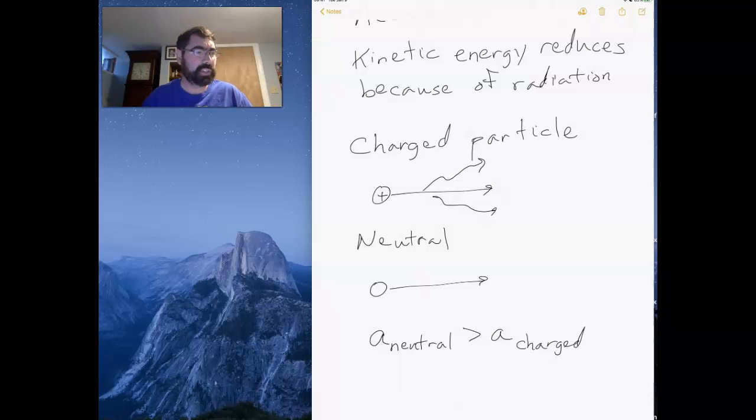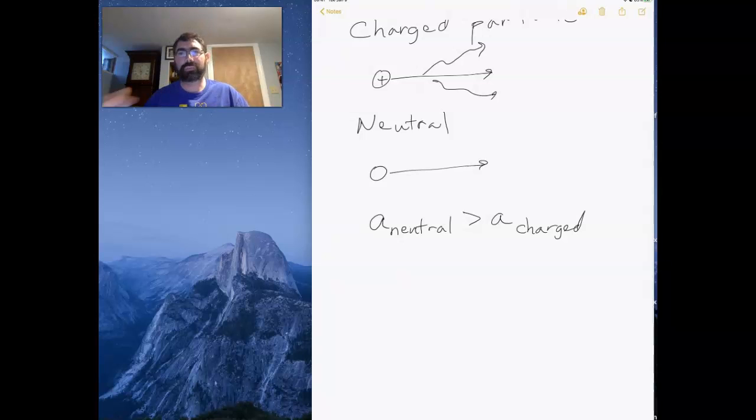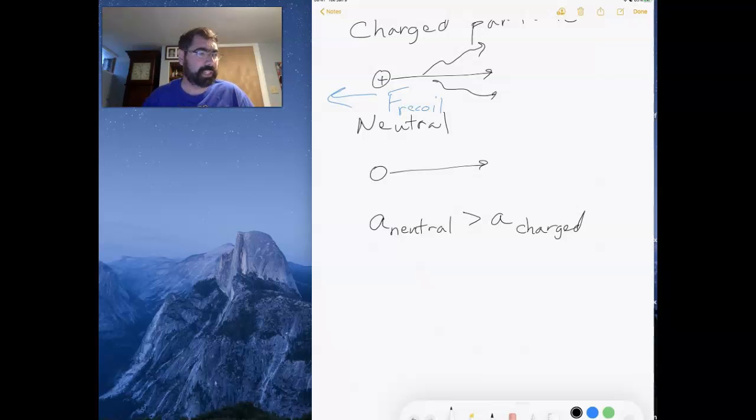One could think of this then, that charged particles, when they radiate, there is some sort of recoil force pushing back on that charge. So now that there's some sort of recoil occurring, the charge is somehow radiating and then getting a kick backwards because of the actual radiation.